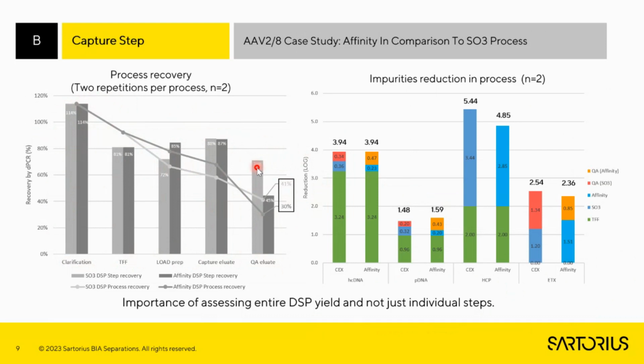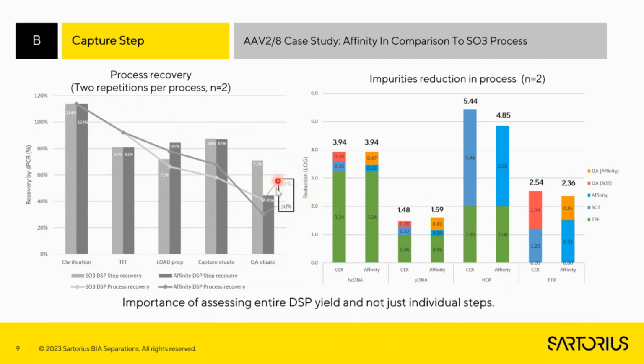And this is also something that you will see later on when we go into the polishing step. So how can I prevent, let's say, aggregation or some complexation or a difference in my AAV? I want to track the entire recovery, not just step recovery, because here we really see close to a twofold difference on the SO3 approach versus the affinity approach if we go to the QA.